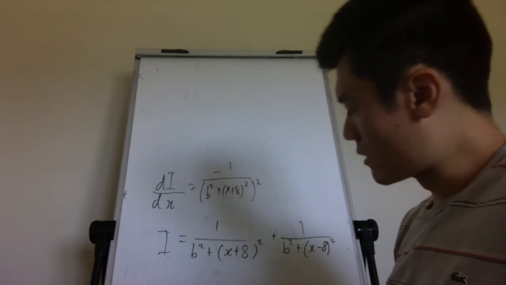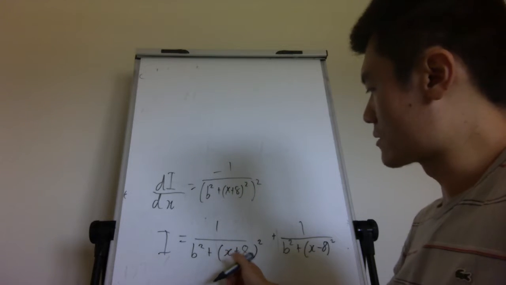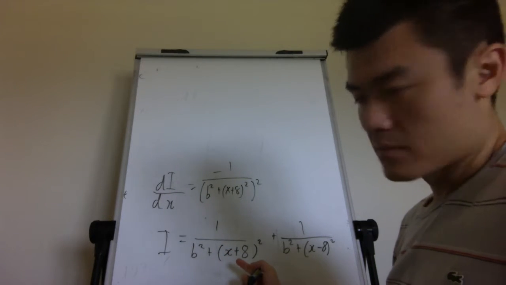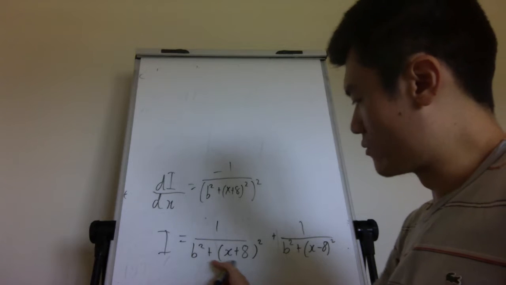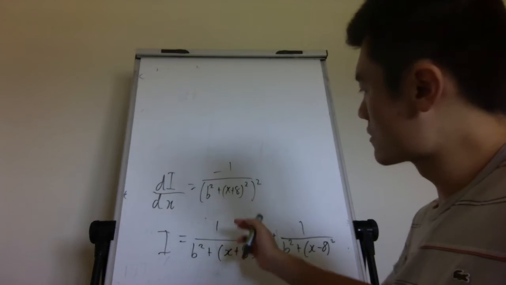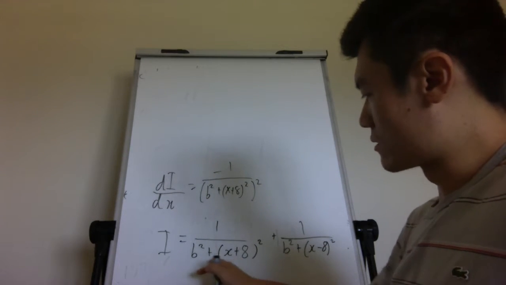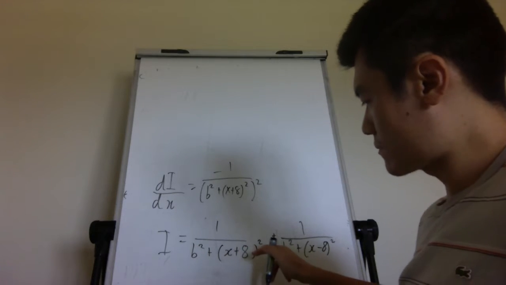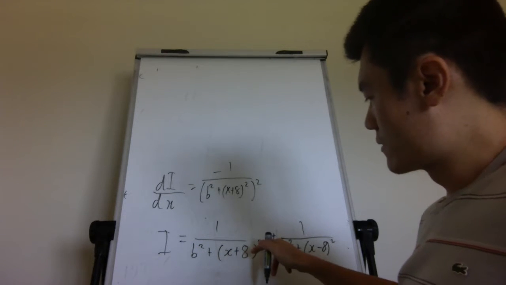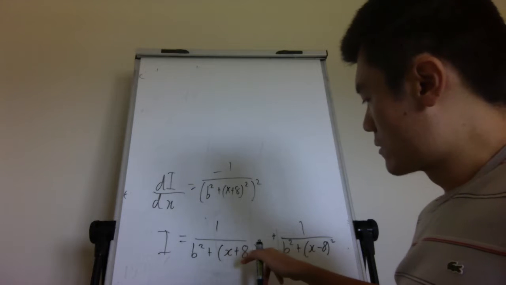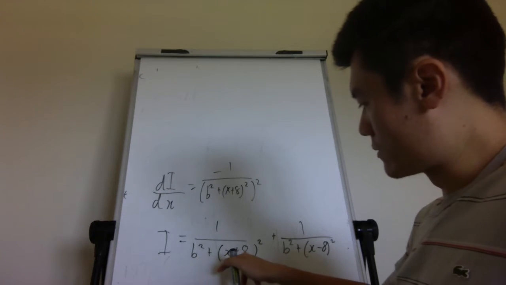So it'd be negative 1 over this squared. But because this is not x, this is some formula in x, you have to apply the chain rule and times by the derivative of the formula, which is simple enough because the constant goes to 0, and this is just 2 times x plus 8.